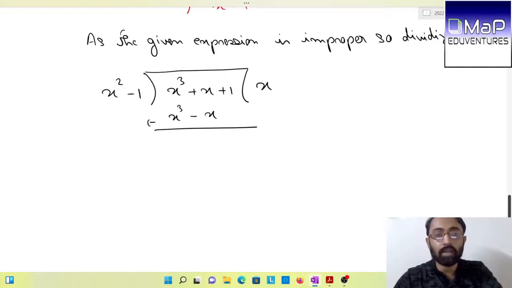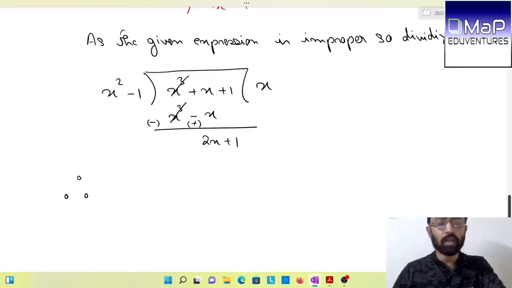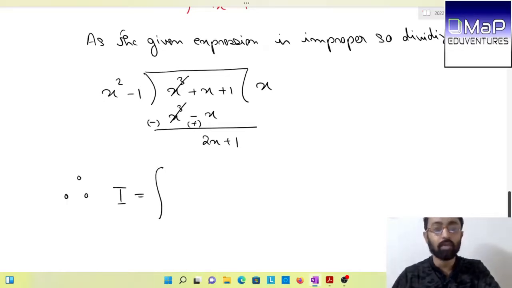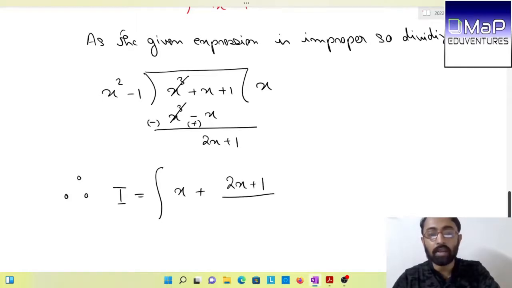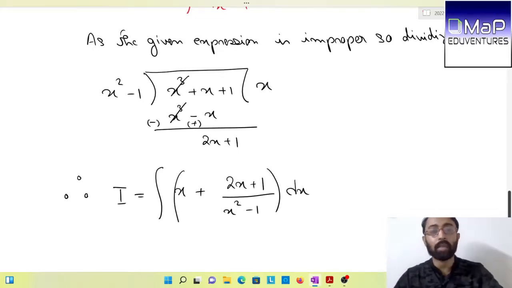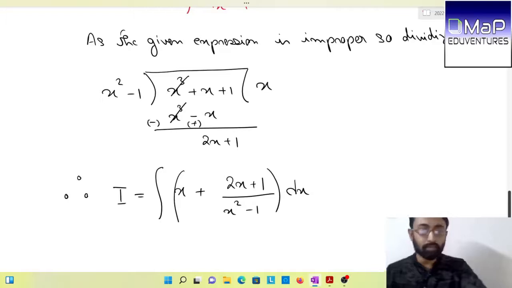So subtract it. It will be plus twice x plus 1. Therefore, after the division, the rational form will become x plus twice x plus 1 divided by x square minus 1. Simply we have applied the division algorithm or rule here, okay, to make the fraction.